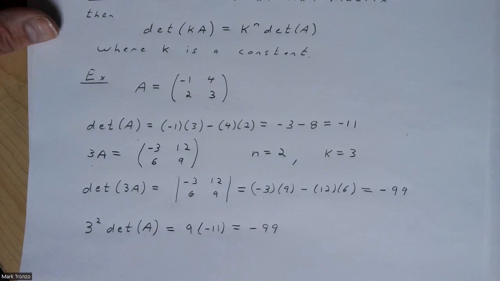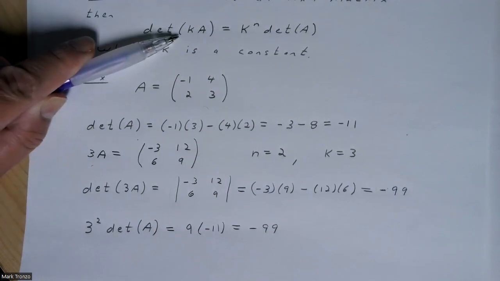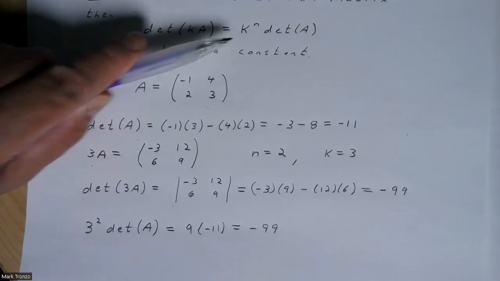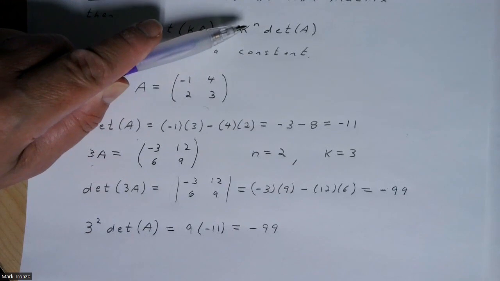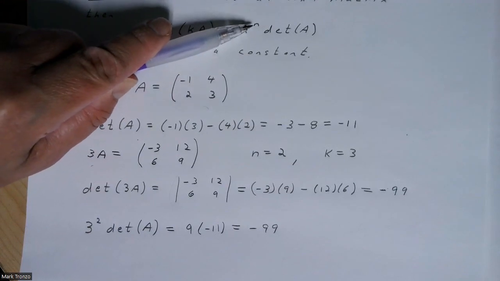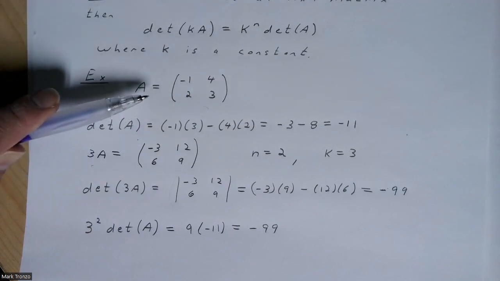So that's an important thing to note, that if you're multiplying a matrix times a constant, the determinant is going to change depending upon the size of the constant and the size of the matrix.